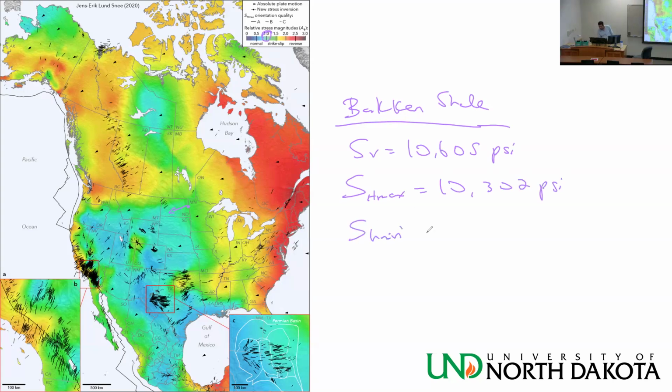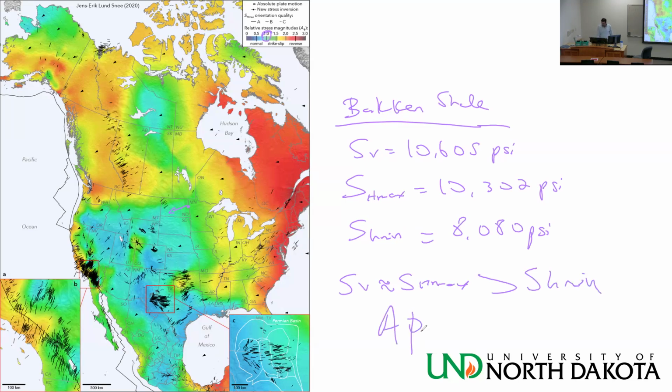SH mean is 8,080 psi. That means my SV is roughly equal to SH max, and they are both much bigger than SH mean. So we're roughly at alpha phi roughly equals 1-ish.